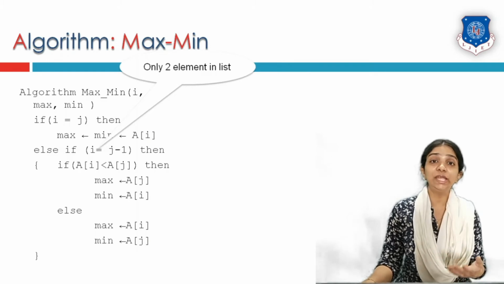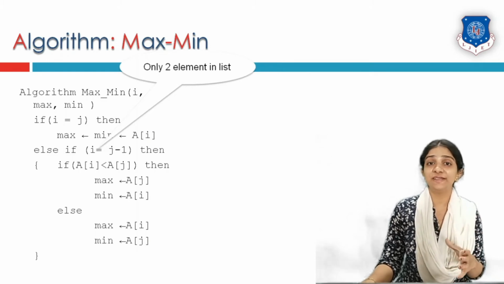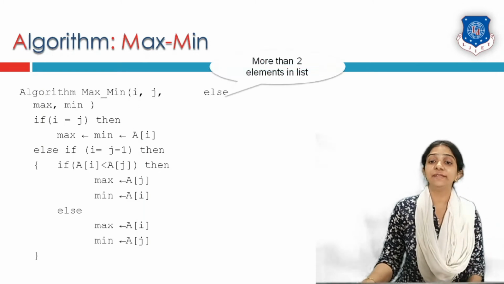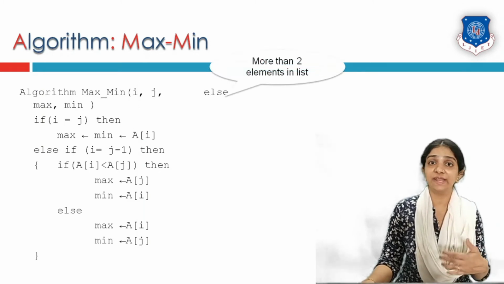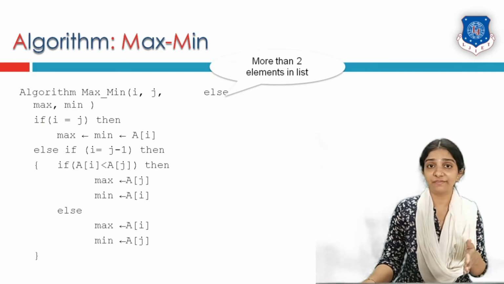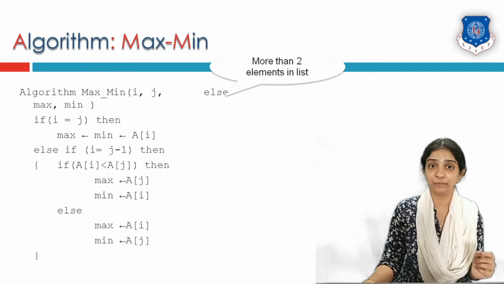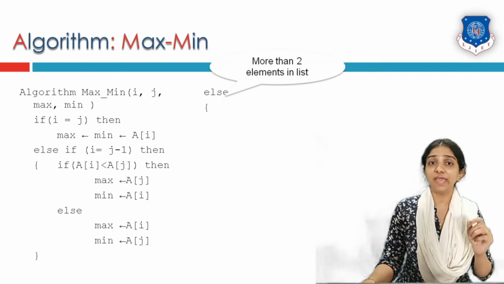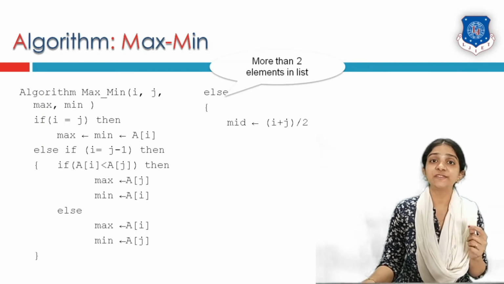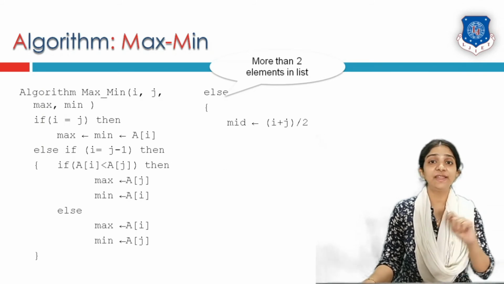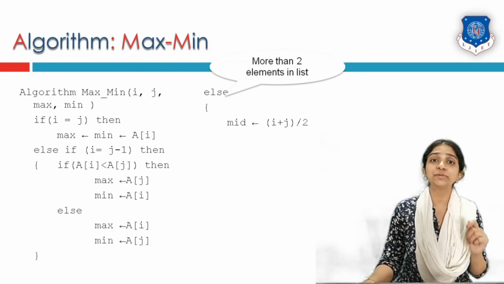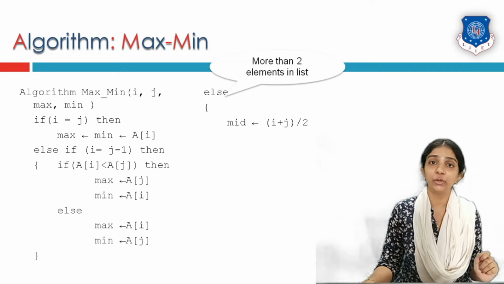The third case will include the number of elements in a list which are more than 2. So in our else part, when there are more than 2 elements in a list, we need to divide our list into halves right from the mid position. So the first step in this case is to obtain our mid location. Mid location is calculated as starting index plus last index divided by 2, that is equal to i plus j divided by 2.